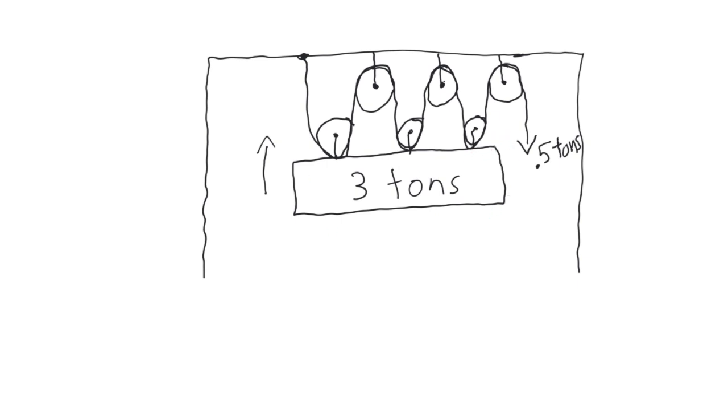In this case, the pulley is attached to this 3-ton block, and using 0.5 tons of force, we can lift 3 tons. However, the way it works is not always very intuitive. So in this video, I aim to make a slightly more intuitive explanation.